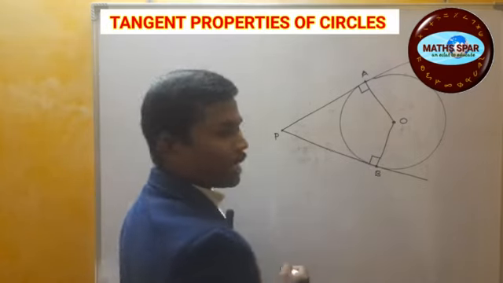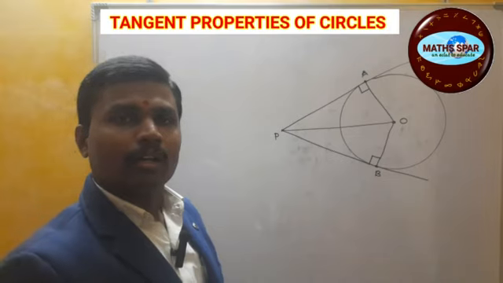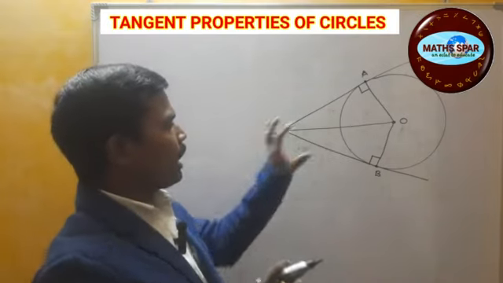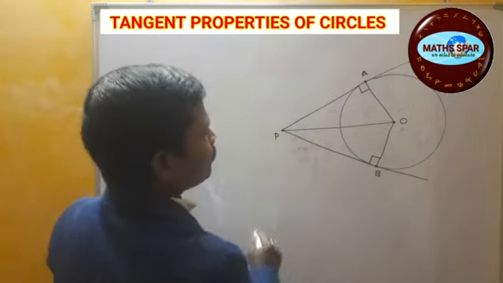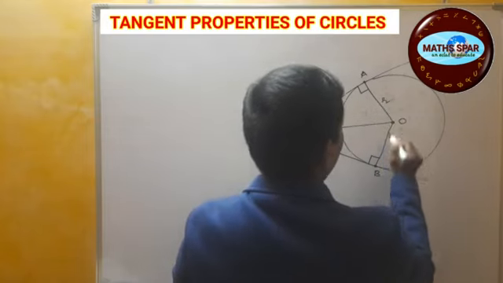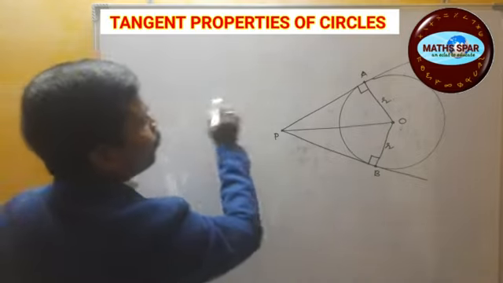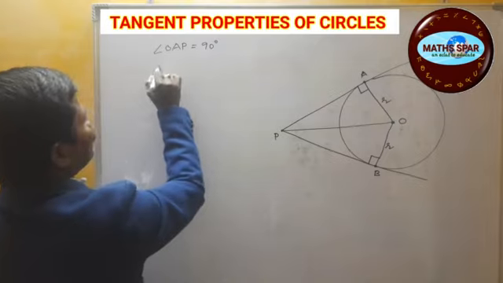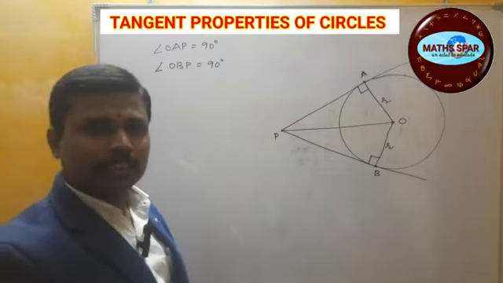So we mark 90 degrees and 90 degrees here, then we join OP. Now here if we look at these two triangles, then these two triangles are right angled triangles in which OA is the radius, OB is also the radius. So we know that angle OAP is equal to 90 degrees and angle OBP is also equal to 90 degrees.